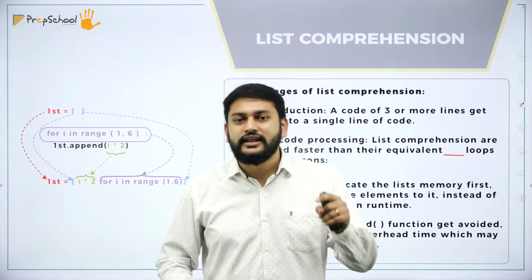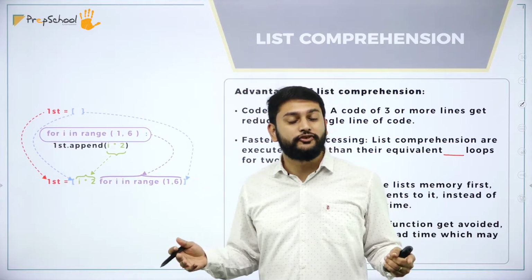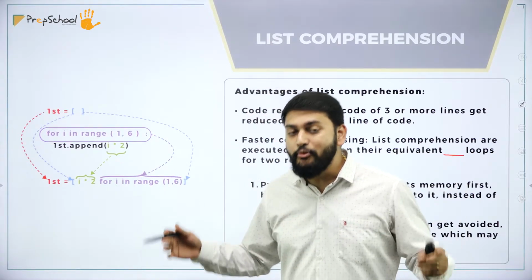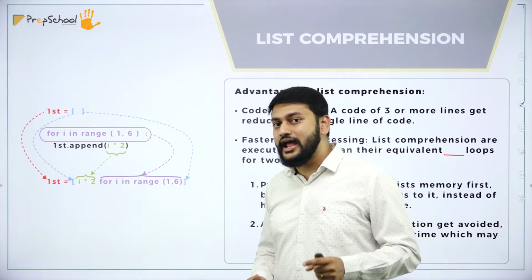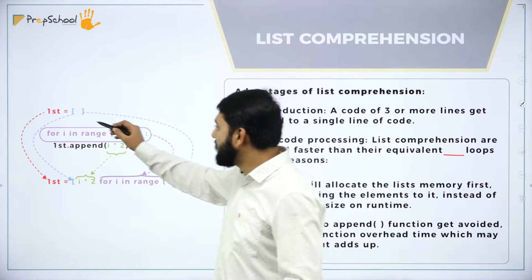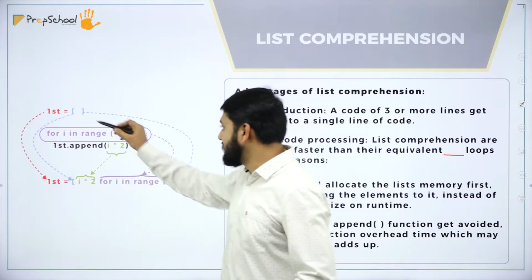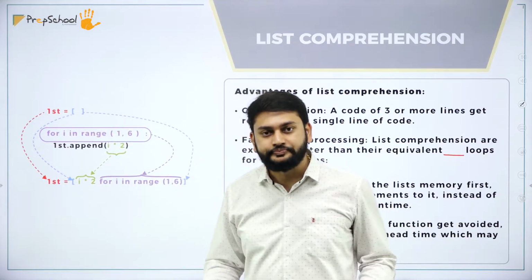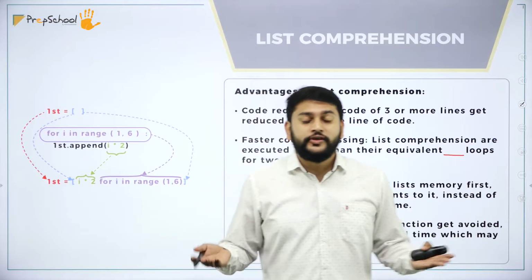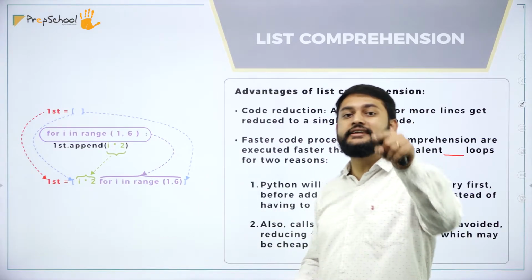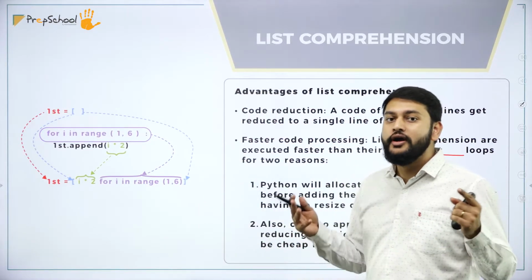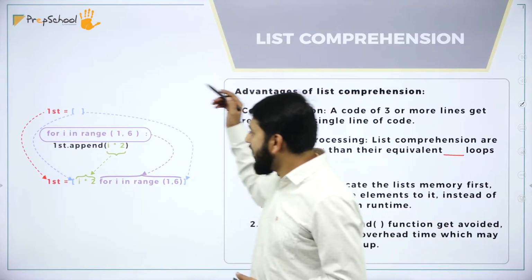What is LST, sir? That is the name of the list that I have given. I'm creating an empty list. Why is it empty? Please observe, I'm using square brackets. If I use square brackets with no elements, I will be creating an empty list, is what you have to understand. I have created an empty list.